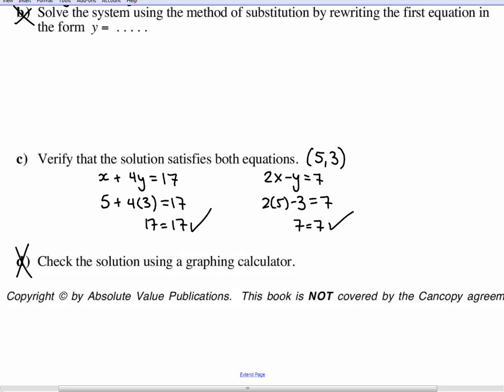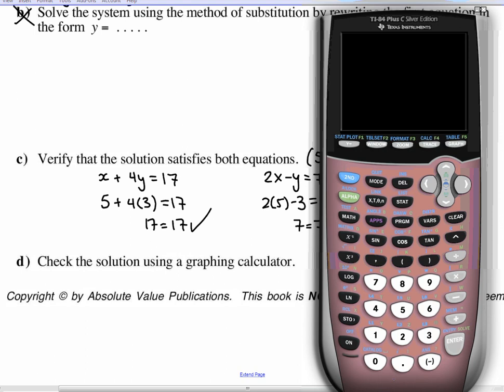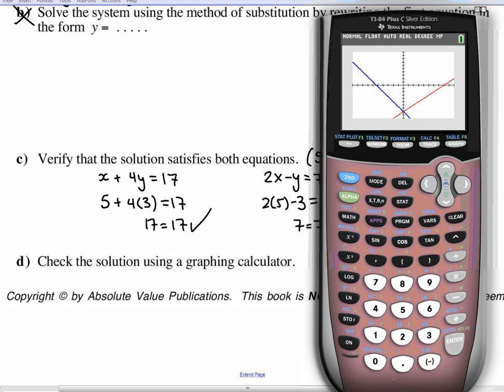Okay, you can check with your graphing calculator. Actually, I'll show you really quickly. Grab your graphing calculators. What I mean by you can check graphically is graphing them, making them both y equals. The other way is you can store your letters. You know how to do that? Yeah, okay. So x was 5. So 5, store x. 3, store alpha 1, y.